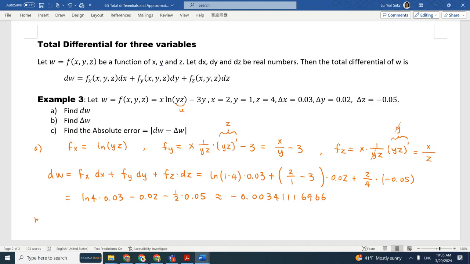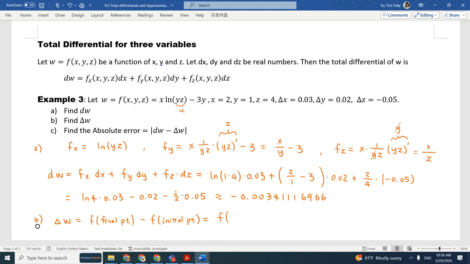Okay. Now part B, the change of w is f of the final point minus f of the initial point. Okay, final point.